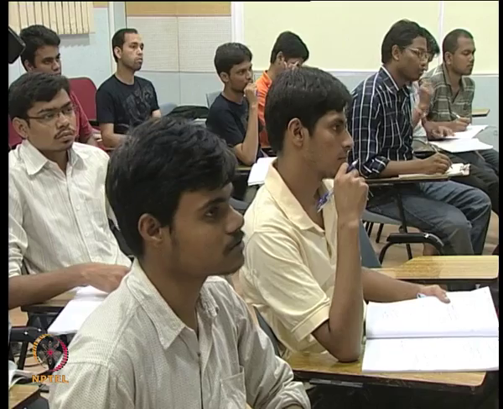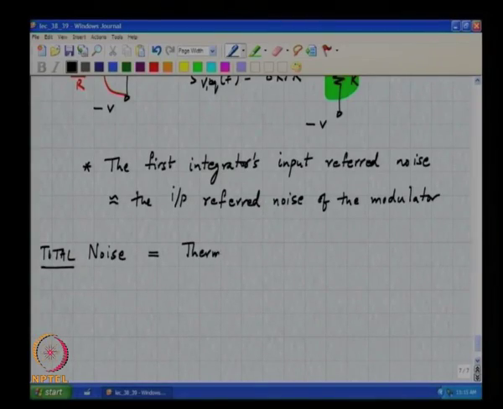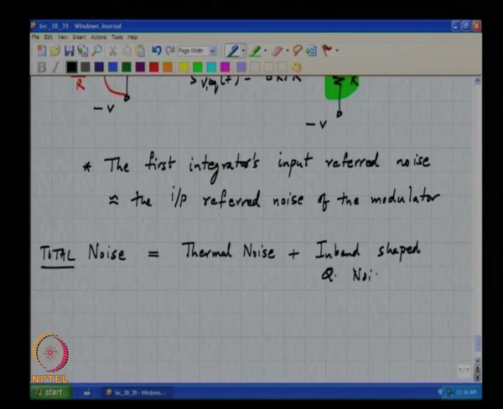So, the total in band noise consists of thermal noise from the loop filter, which largely comes from the first integrator, plus in band shaped quantization noise. And since thermal noise and quantization noise are independent of each other, you can simply add their noise powers. You understand?